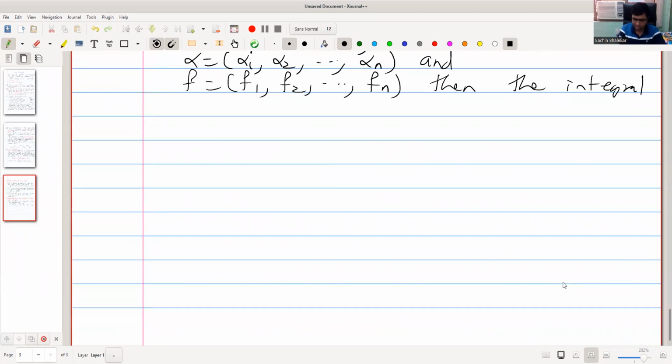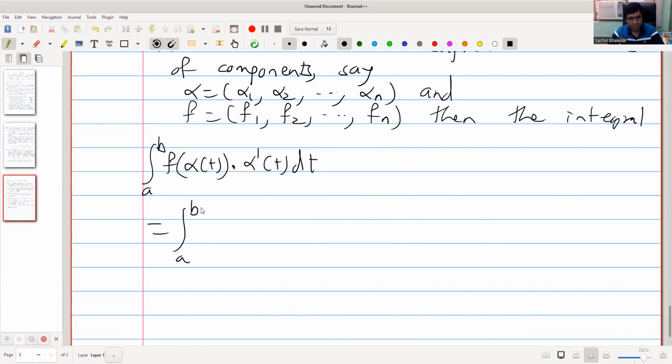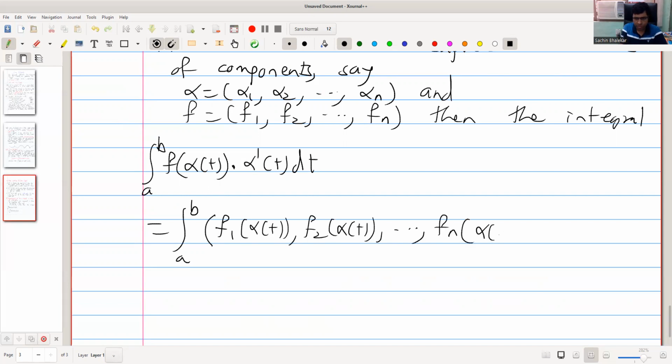It is the integral from a to b of f of alpha of t dot alpha dash of t dt, equal to the integral from a to b of the vector f1 of alpha of t, f2 of alpha of t, and so on, fn of alpha of t, dot product with the vector alpha dash t.